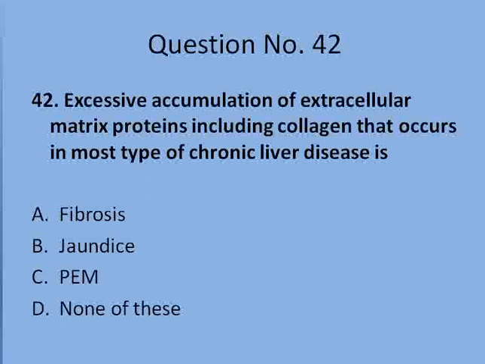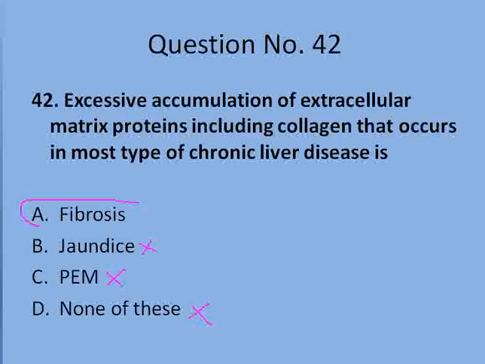Question number 42. Excessive accumulation of extracellular matrix proteins including collagen that occurs in most types of chronic liver disease is. The options are fibrosis, jaundice, PEM, that is protein energy malnutrition, and D, none of these. Protein energy malnutrition is wrong, and jaundice is caused due to infection of a virus or some other condition.